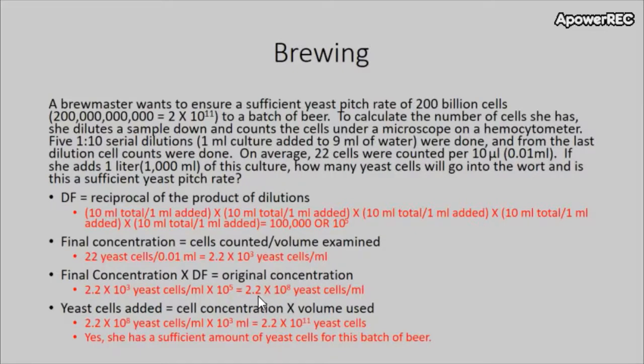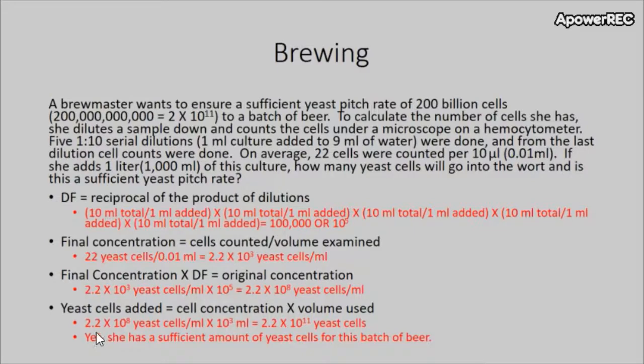If you had 2 billion cells per mil and you added 2 mils, then it would be 4 billion cells, right? We said in the problem that we were going to add 1 liter, which is 1,000 milliliters.